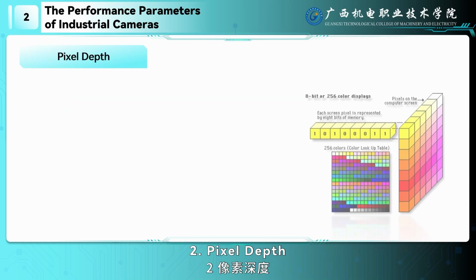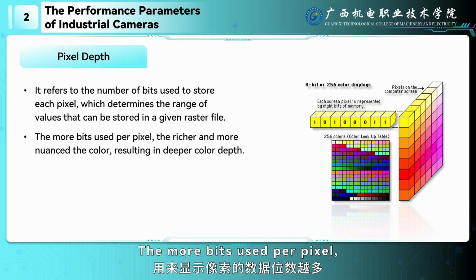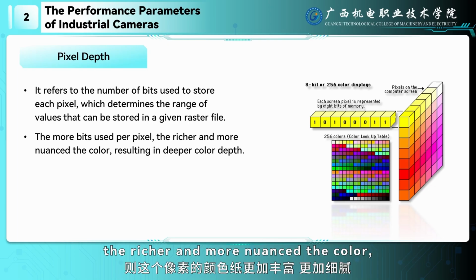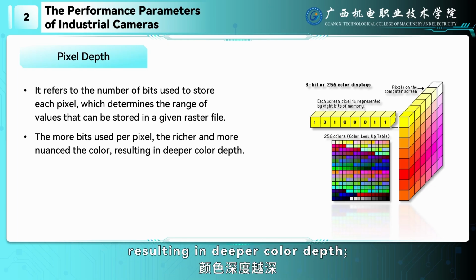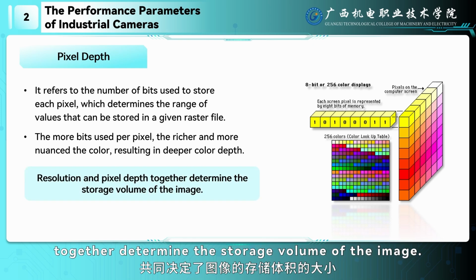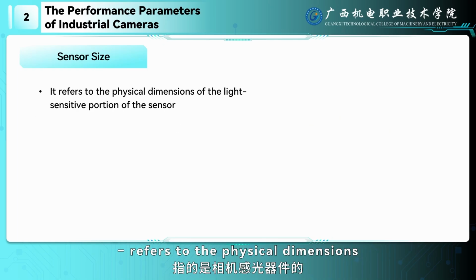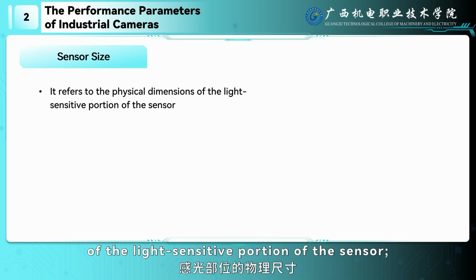2. Pixel depth refers to the number of bits used to store each pixel. The more bits used per pixel, the richer and more nuanced the color, resulting in deeper color depth. Resolution and pixel depth together determine the storage volume of the image. 3. Sensor size refers to the physical dimensions of the light-sensitive portion of the sensor.